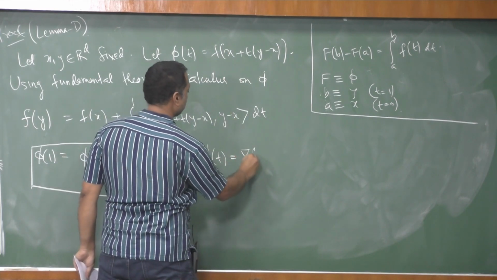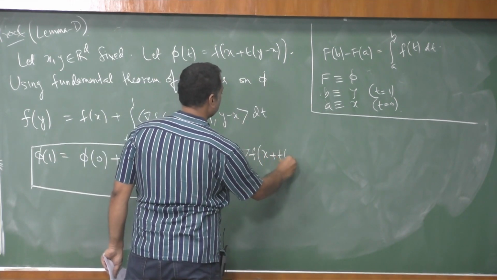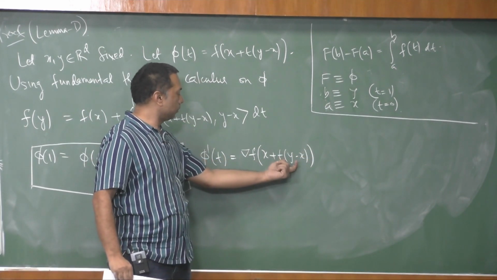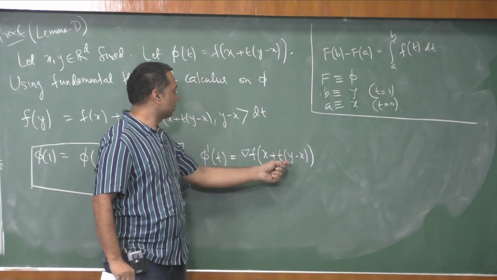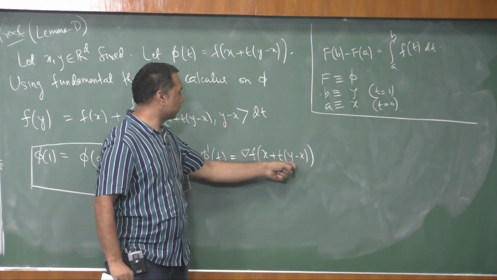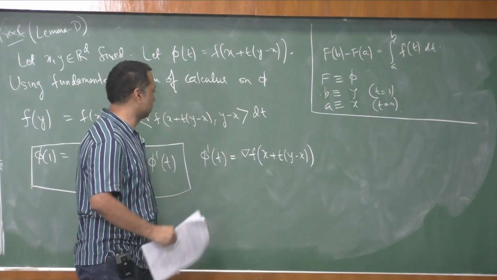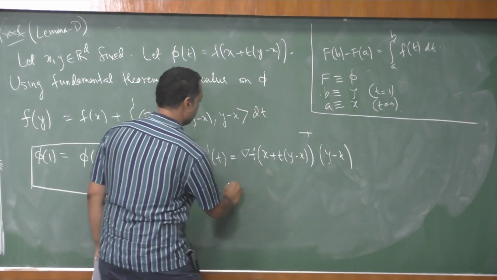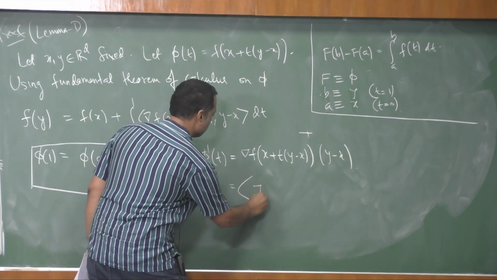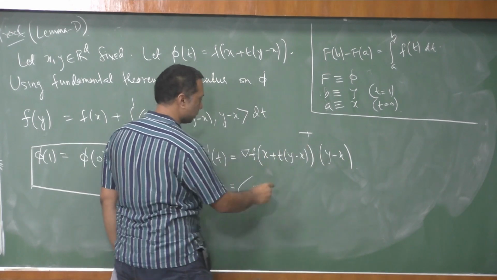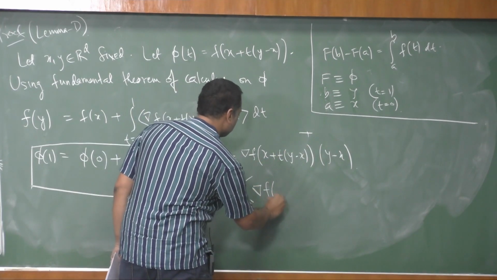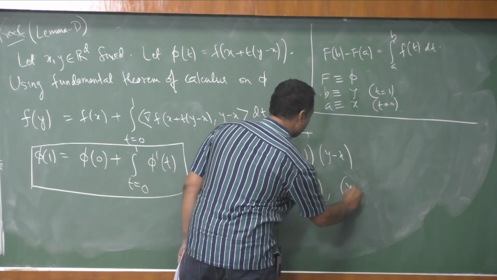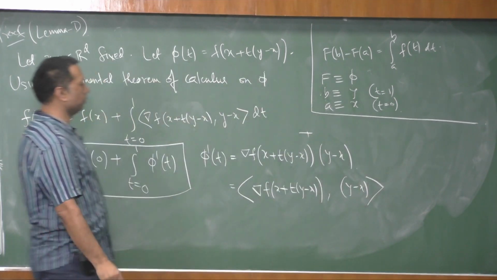So this is grad f of (x plus t(y minus x)), and then I have to take the derivative of the inside terms with t. This is the chain rule, right? So this is the gradient transposed, these are vectors, and what comes out after is y minus x, which is written as an inner product. So I can write this as the inner product of grad f(x plus t(y minus x)) and y minus x, okay?